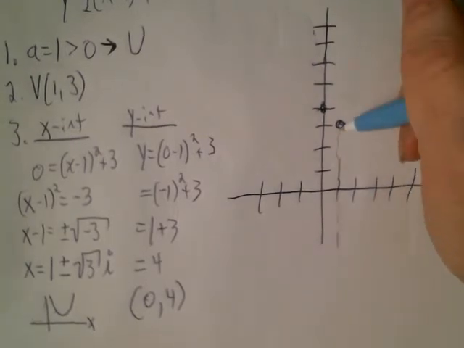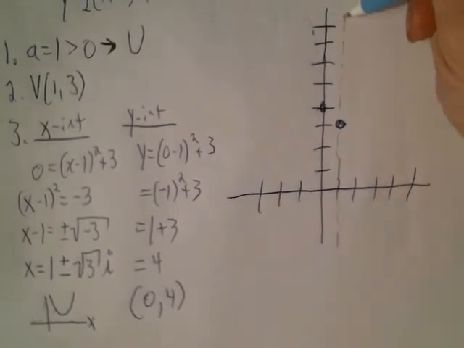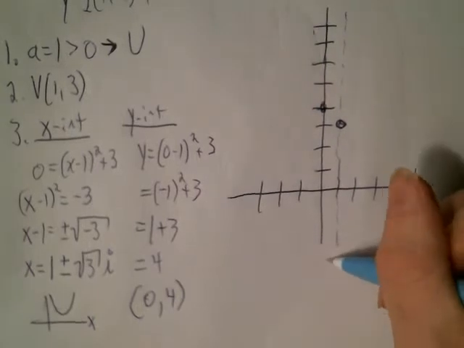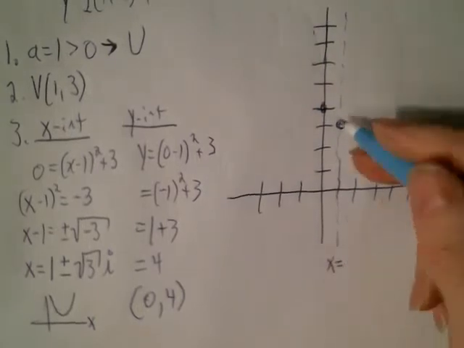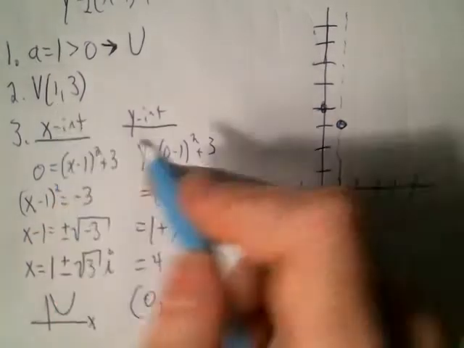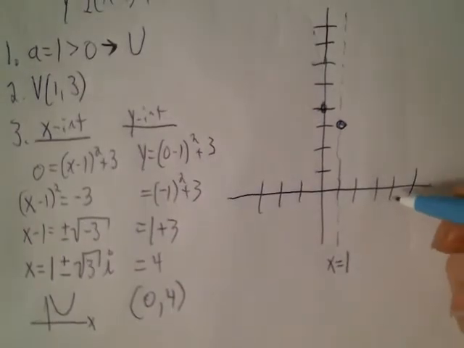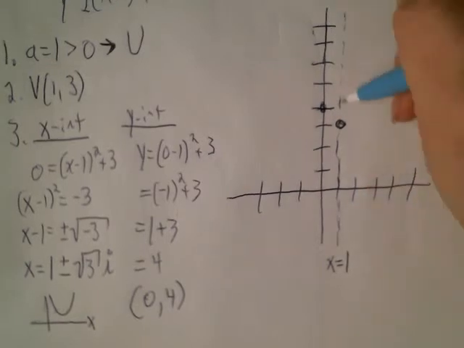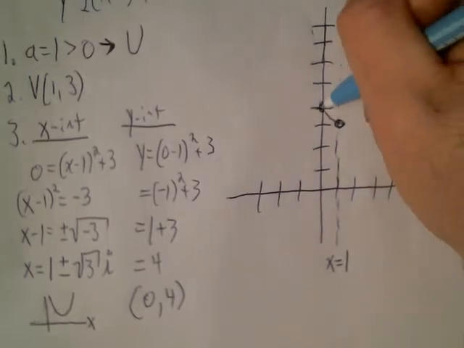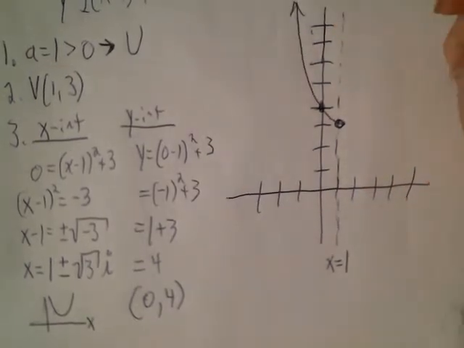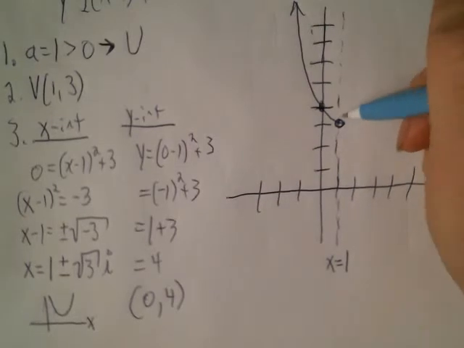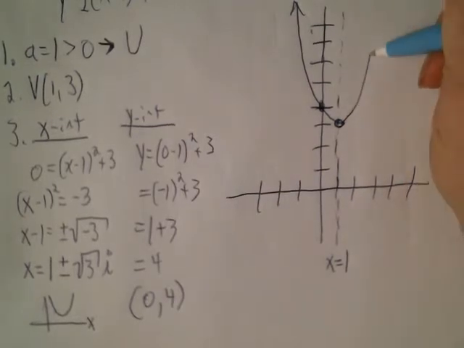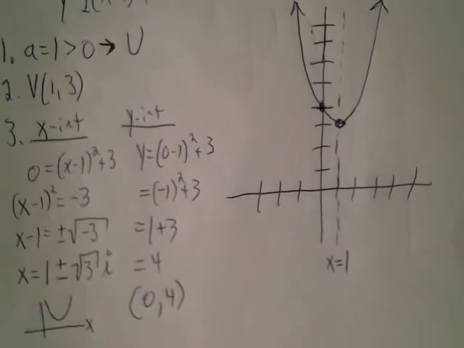The axis of symmetry would be through the vertex, and its equation is just x equals whatever the x coordinate of the vertex is. So it would be x equals 1. So one side of the parabola must look like this, and because of the axis of symmetry, the other side looks exactly the same. And so we can go ahead and draw that.